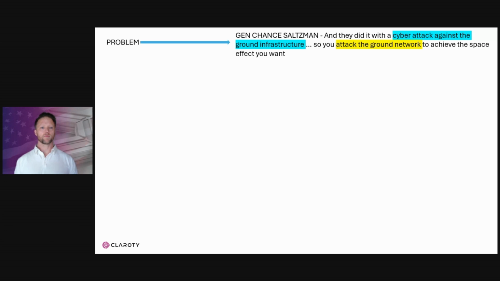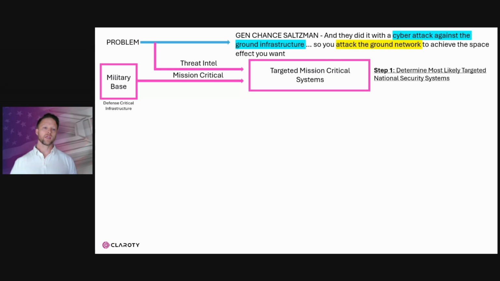So the problem often starts with, what is the adversary trying to achieve? If you're looking at what systems should I focus on, if you're asking yourself, where do I focus as an owner of critical infrastructure for the military, there's a couple things that you want to look at that go into that.